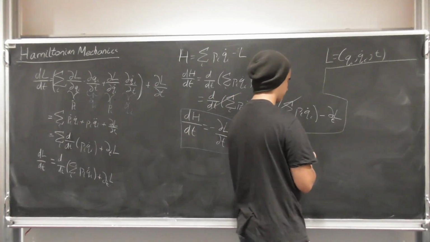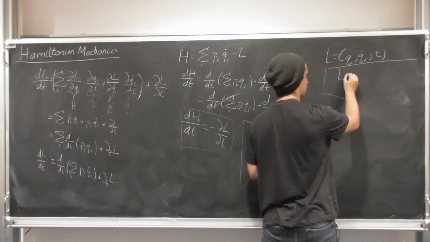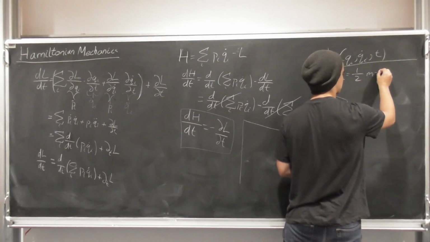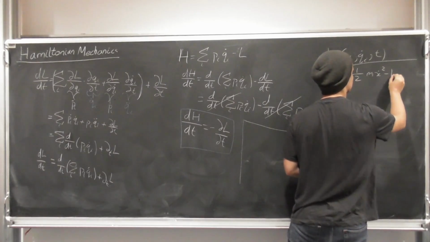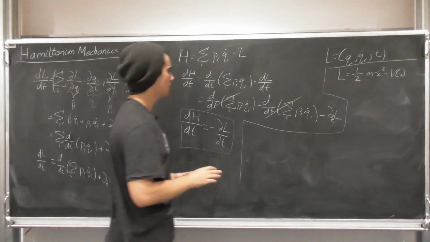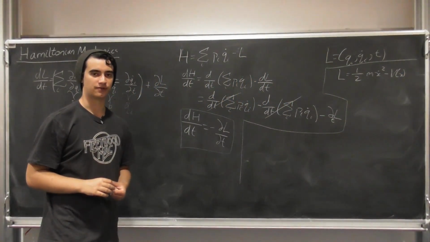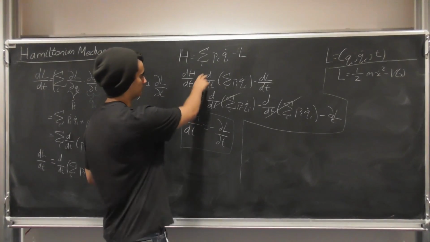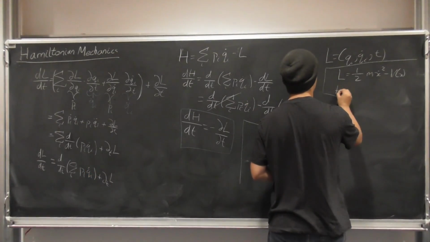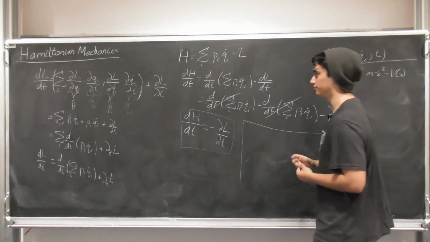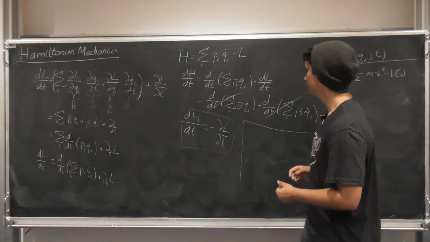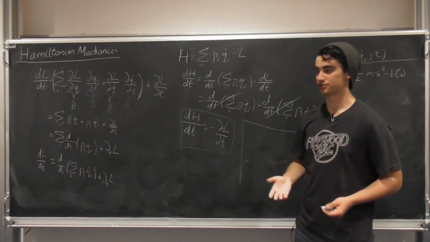If we have some Lagrangian L, which is going to be, say, a half m x dot squared minus some V of x, well, we only have one dimension, so we'll use our definition here, and say that H is equal to the sum, but there's only going to be one, so that's fine, over i, and our only direction is in the x direction.